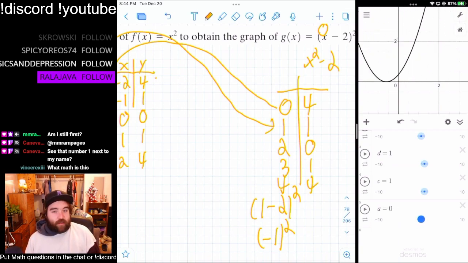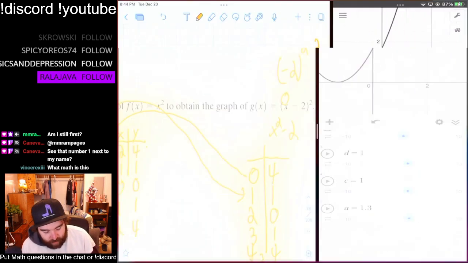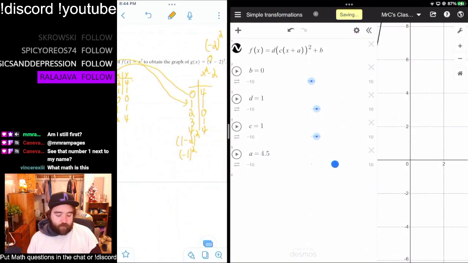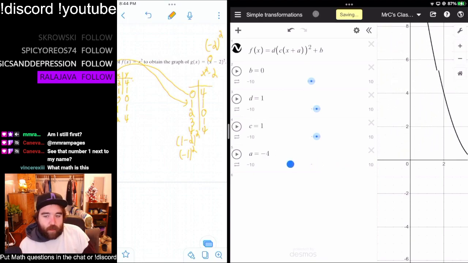So notice how this is different. When we make this number bigger, this number on the inside of the parentheses here, this a value, if we're looking on Desmos, when we make it bigger, the graph goes to the negative side. And when we make it smaller, the graph goes to the positive side. And you're going to find that that's always the case with x.